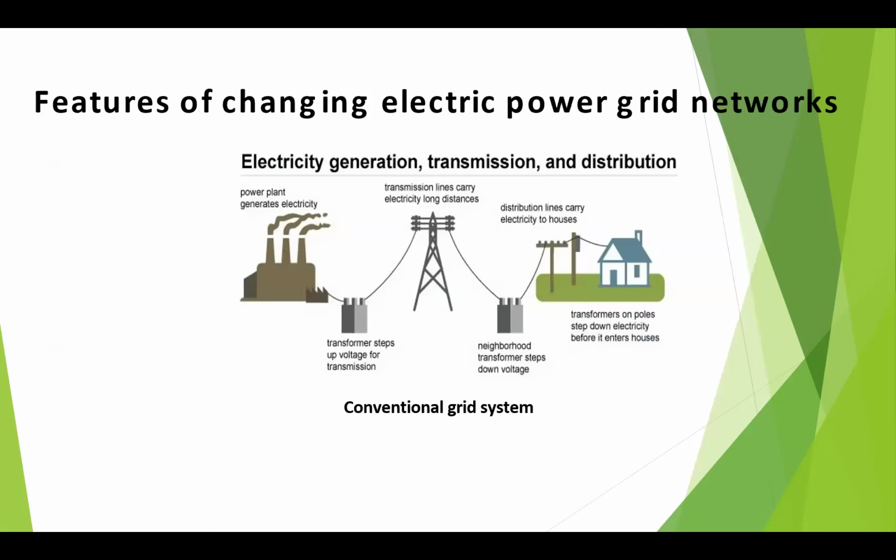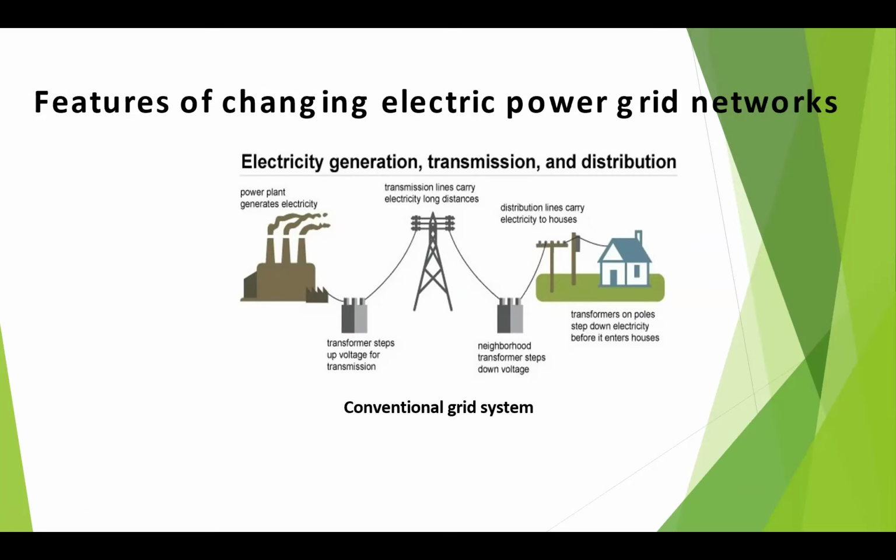So, features of changing electric power grid networks. This is the normal conventional grid system. Here it is one-way communication. The main disadvantage in the conventional grid system is that it is a one-way system. We cannot get any feedback or results from the customers to the utility centers.